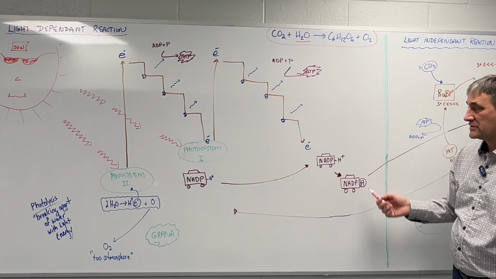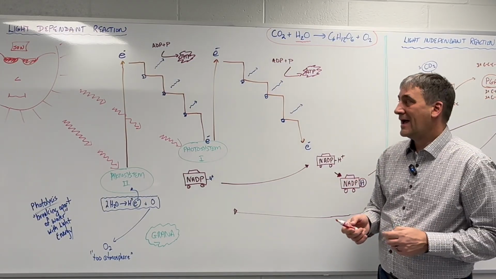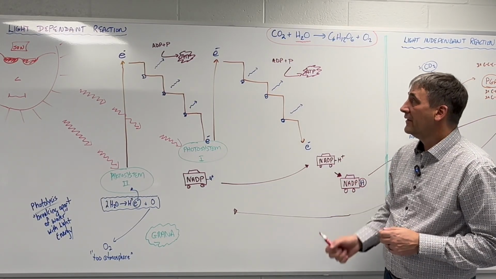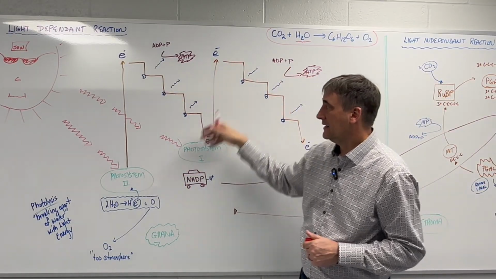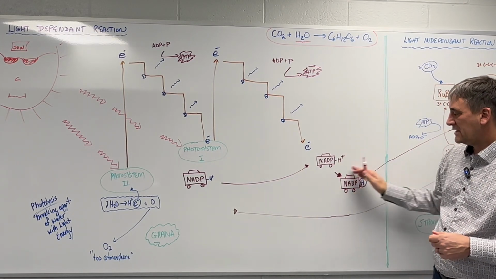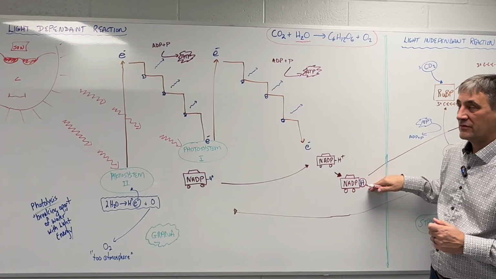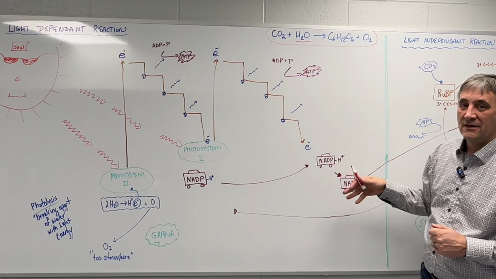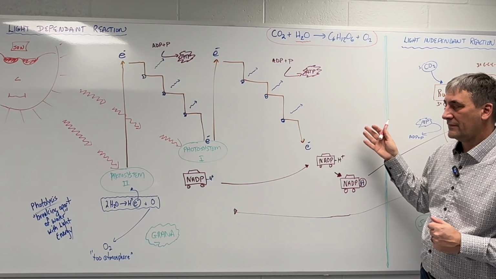All right? So the two things that are created in the light-dependent reaction are ATP, because we're exciting electrons, and NADPH, which is a taxi full of hydrogen. Those are the useful things that we're going to use in the dark reaction. Okay?